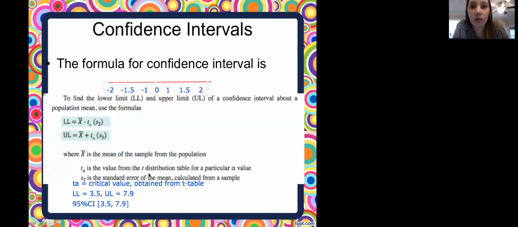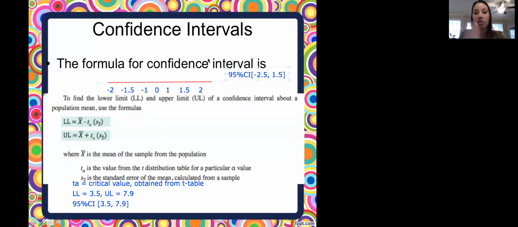If you get a confidence interval that passes through 0, so say I had a 95% confidence interval that was negative 2.5, 1.5. So my upper limit is 1.5, and my lower limit is negative 2.5. This one passes through 0, right? Because the lower limit is over here somewhere, and my upper limit is right here. It passes through 0.